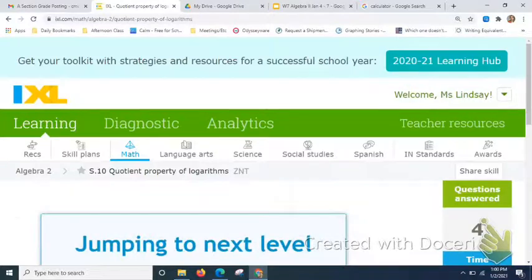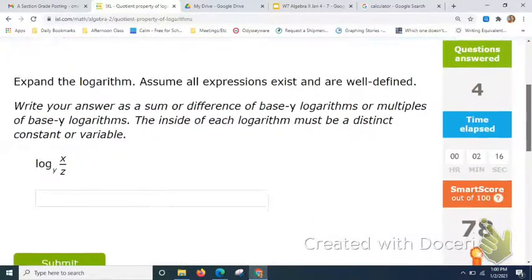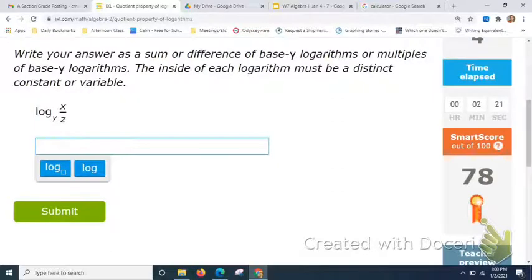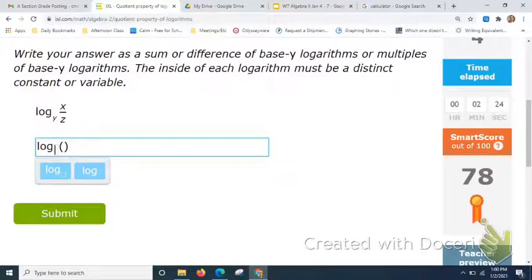Let's see if we can get something a little different. So this one, we just have to make sure we use the base. So I'm going to have log base y of x, and then outside the parentheses, minus log base y of z.